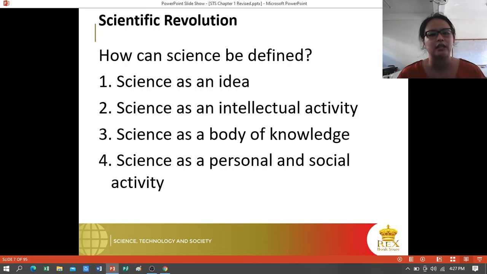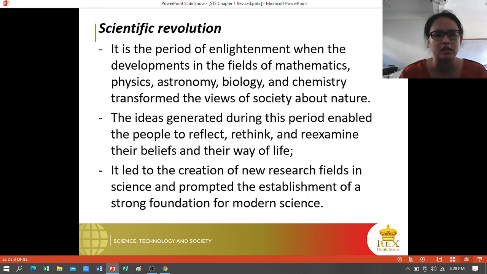First, it can be science as an idea. Then it can be an intellectual activity, or a body of knowledge, which is the usual definition of science. And then, a personal and social activity. That is how we define science here in our course, Science, Technology, and Society.